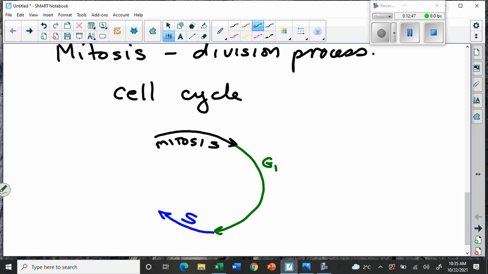And then we have another growth phase after that, the G2 gap phase, where the cell continues to grow and then gets ready to start all over again and divide. So the black part is the dividing part, the green parts are the growing and doing-their-job phases, and the blue synthesis phase is the point where the DNA copies itself.